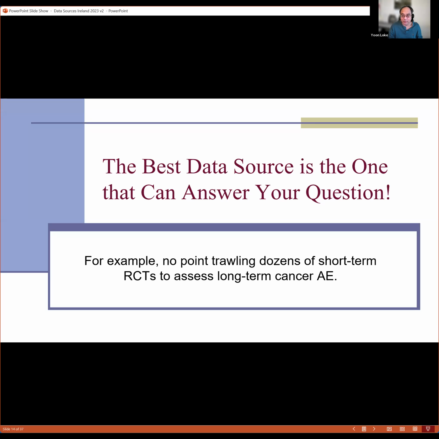And if you've got several short-term RCTs that are only 3 months, 6 months, or 1 year, you could pull all the data together and you end up with nothing. So I would suggest that when you define your adverse effect of interest, you should also think of what sort of research studies are likely to be able to accurately define and measure that particular adverse event.